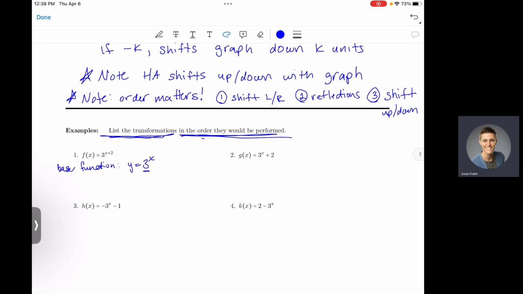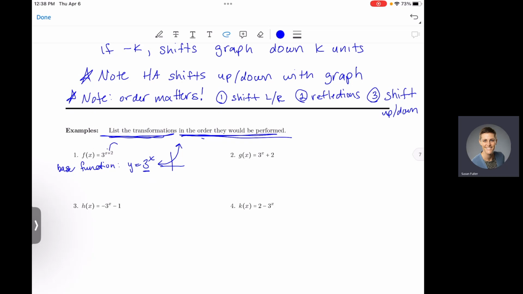Our base here is bigger than 1, so we're going to look something like this. We're going to increase from left to right. We're going to have an exponential growth graph here. So this is our base graph, and what kind of transformations are we going to have to do to that graph? What transformations appear here?